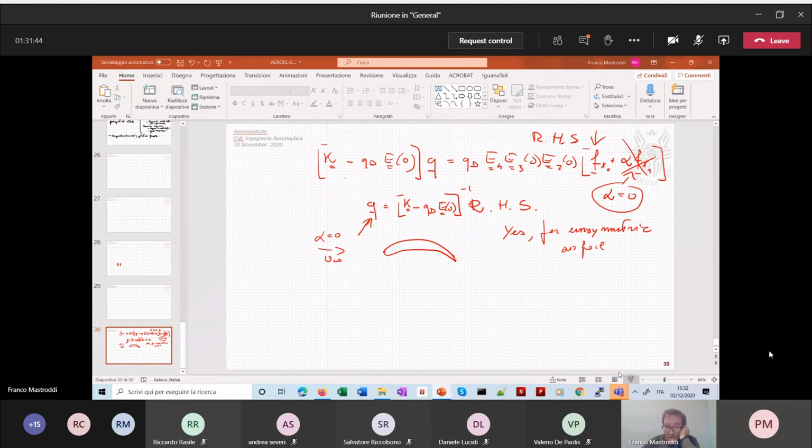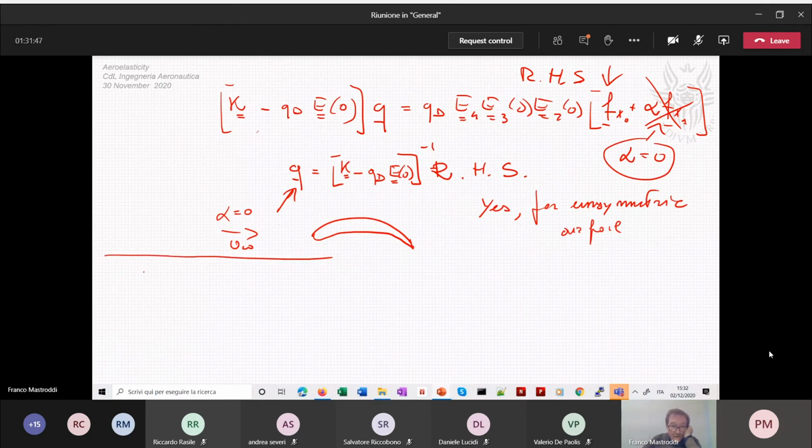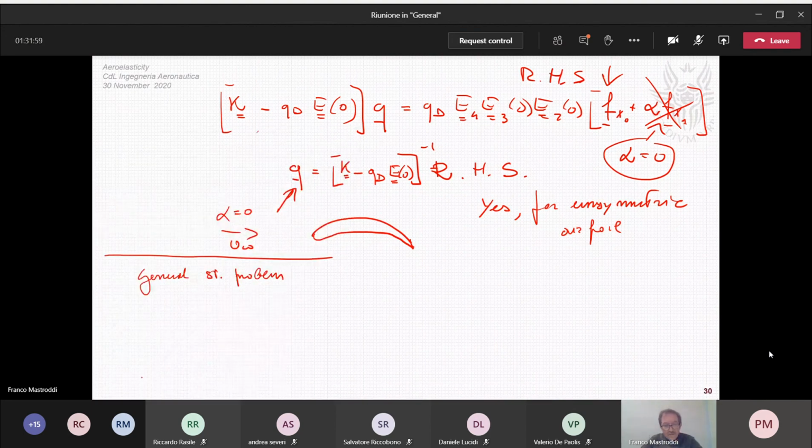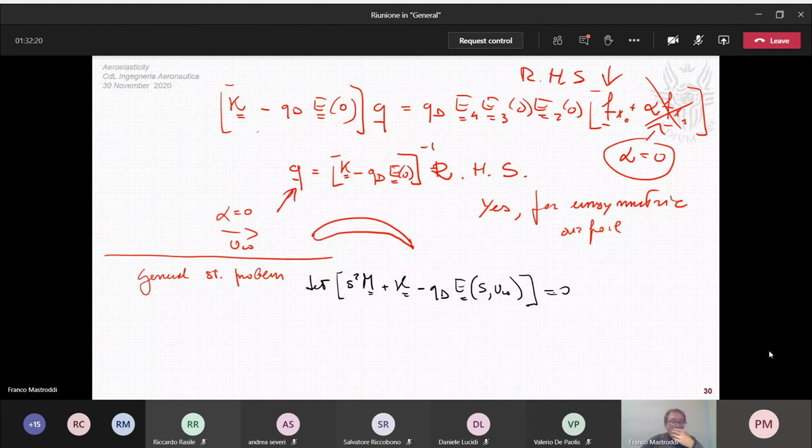And in the general stability problem, we have to solve the determinant of s square m plus k minus q d e, with s and u infinite, equal to 0. And you may find u flutter and u divergence.